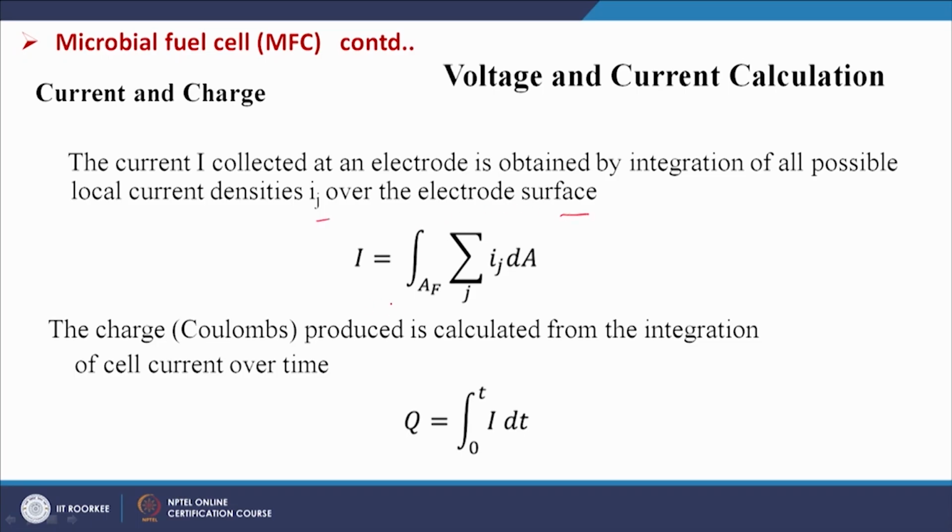So, the integration of i_j dA over the total electrode surface area gives the total current, and the charge will be the current times time, that is the integral of I dt from 0 to t. So, we can calculate the current and charge that way.